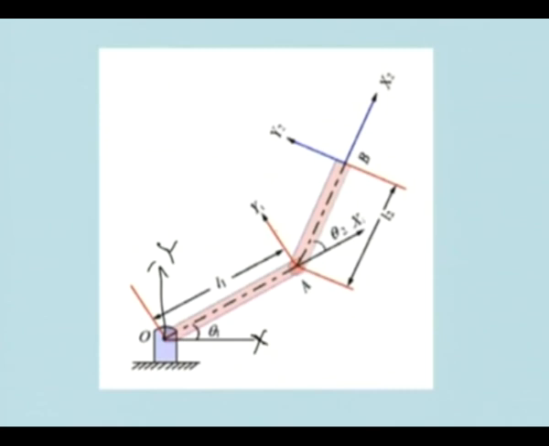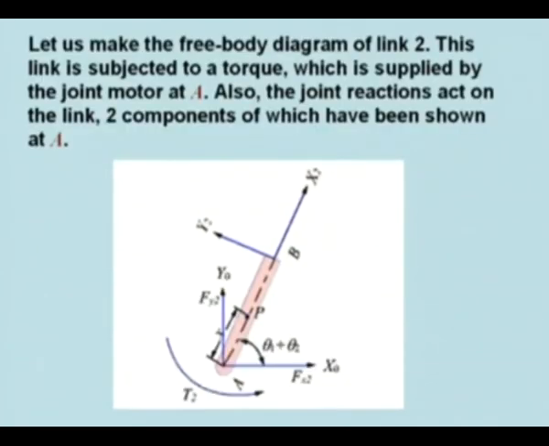So it is a movable coordinate system attached at point 1, and similarly x2, y2 is like this, along this. Now make the free body diagram of link 2. This link is subjected to torque which is supplied by the joint motor at A.